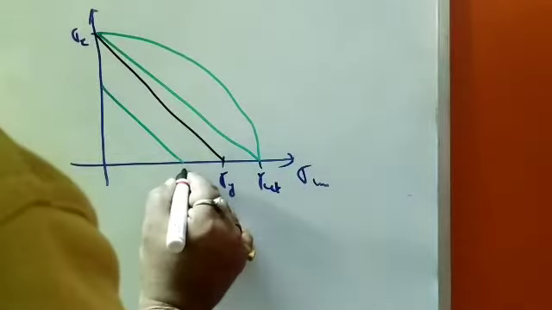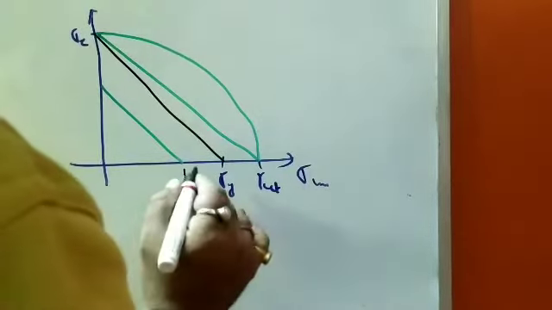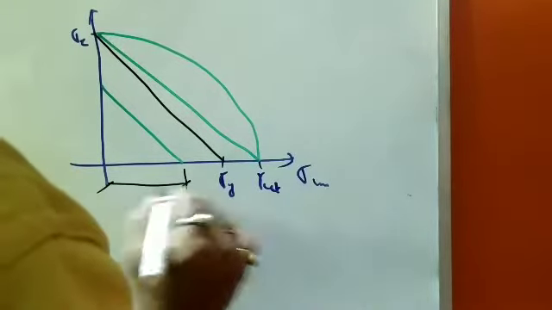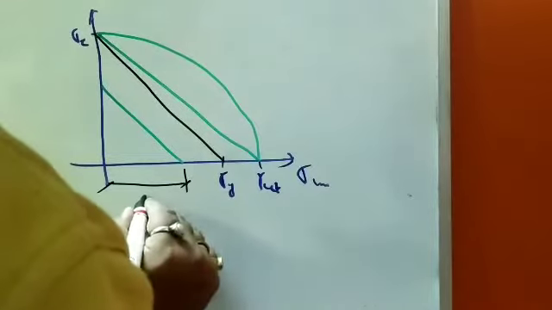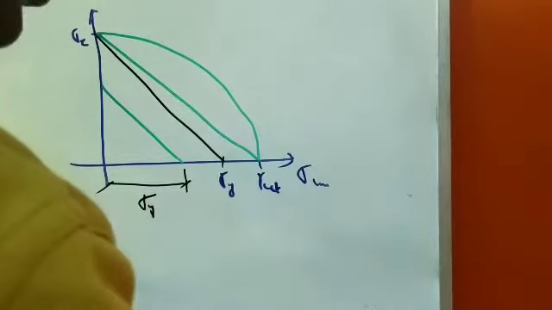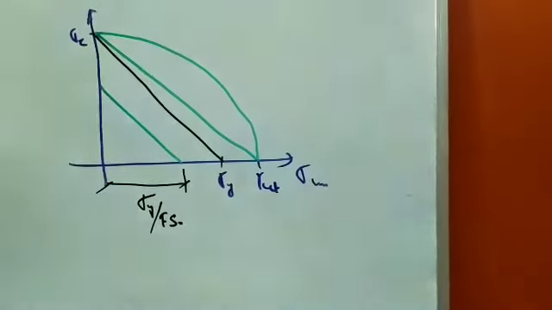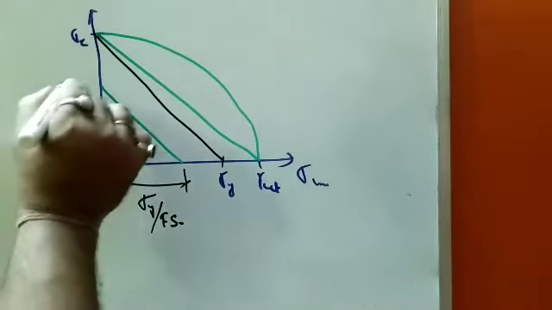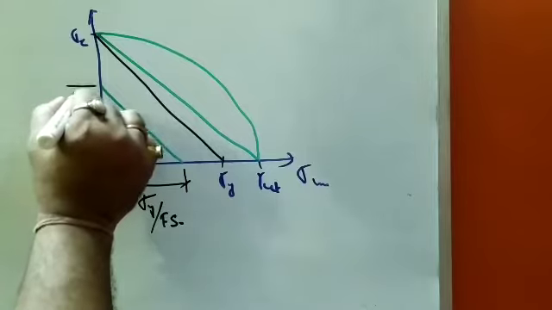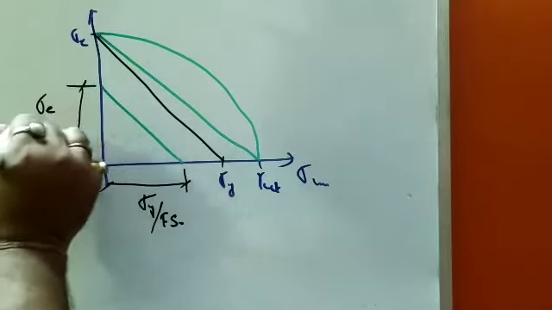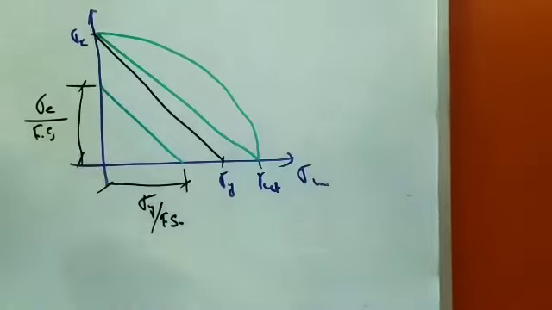This safe line is basically sigma yield divided by the factor of safety Fs, and this portion is considered as sigma endurance divided by the factor of safety.